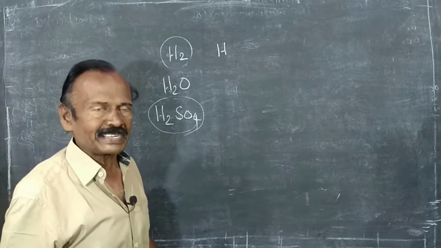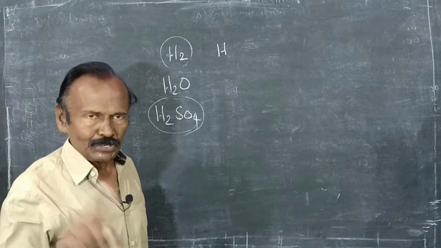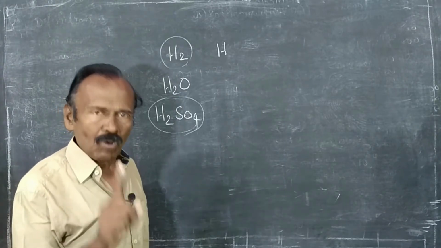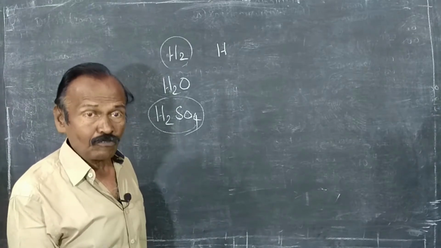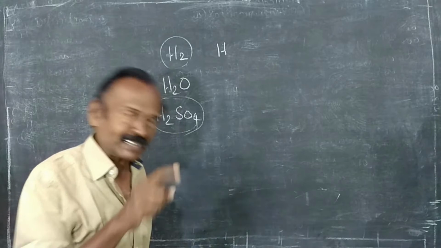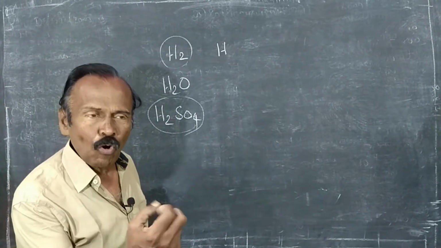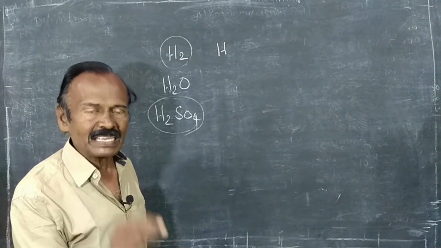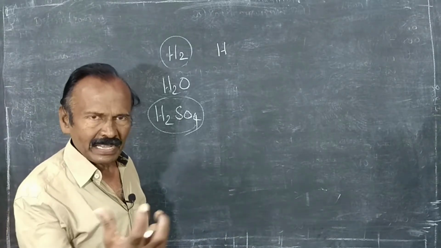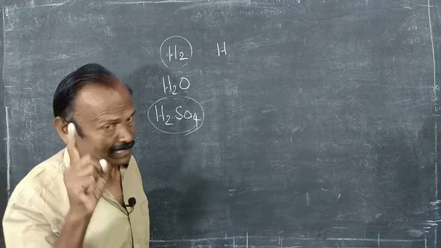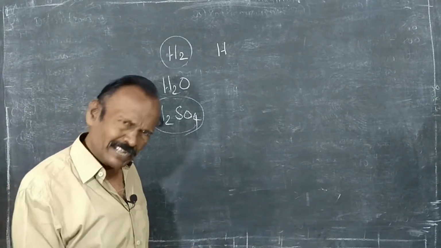So now the definition is, how do you define molecule? Molecule is a combination of two or more atoms held together by a chemical bond or by a chemical force of attraction. So we can call it in two ways.